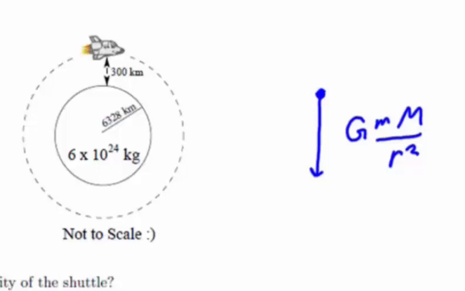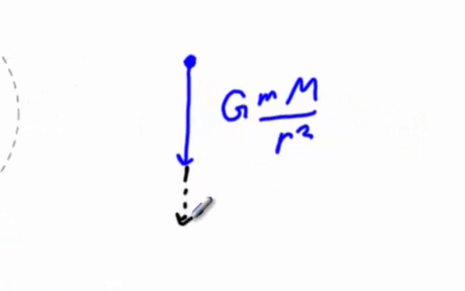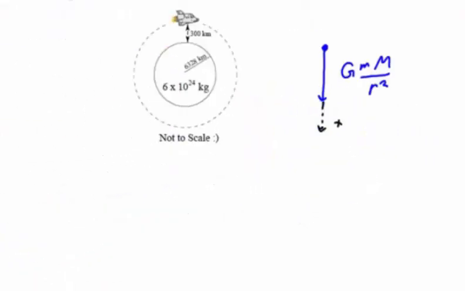Whenever an object is turning in a circle, it is accelerating, and the direction of its acceleration is toward the center. Since our diagram represents the space shuttle in the moment shown in the picture, the center will be downward, and that will be what we call the plus direction.